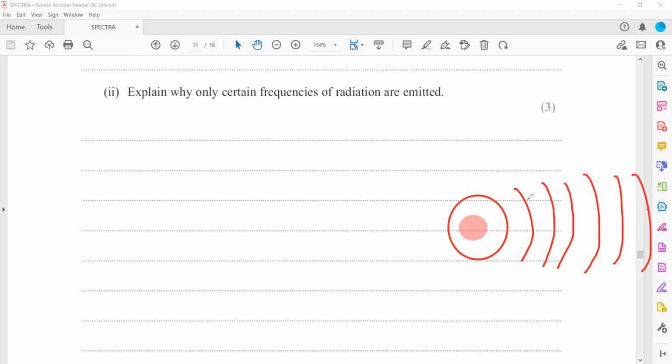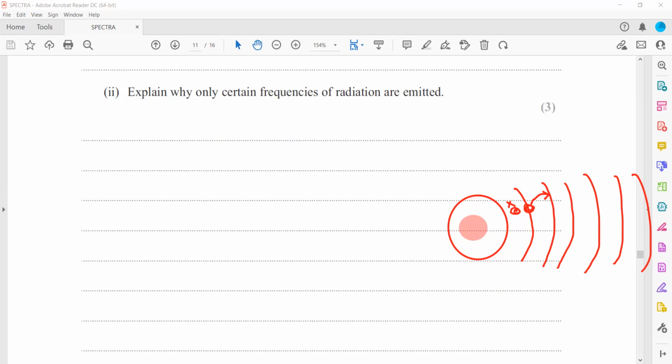It's not like an electron can be anywhere within an atom. The electron is at a specific place or region within an atom. There is a specific position for the electron where we can find it. And when that electron jumps from one shell to another, only a specific amount of energy can be released, not all energies.